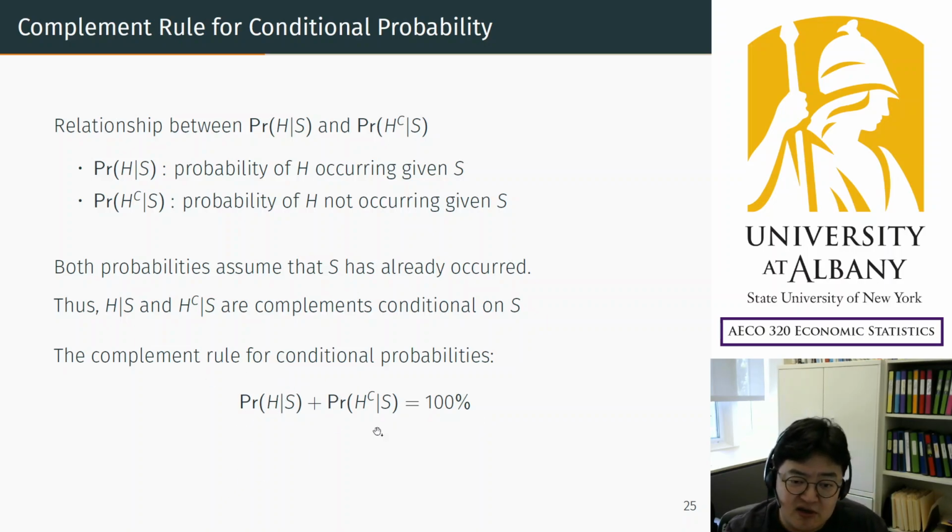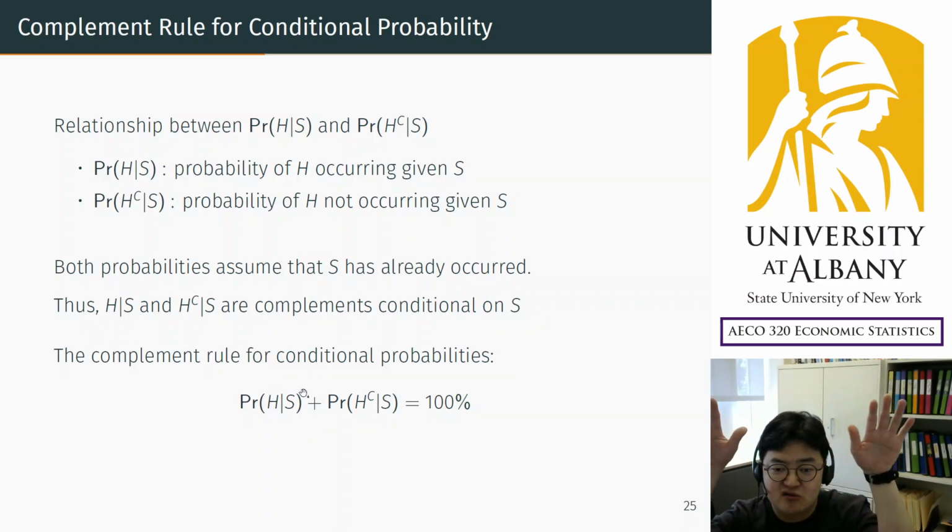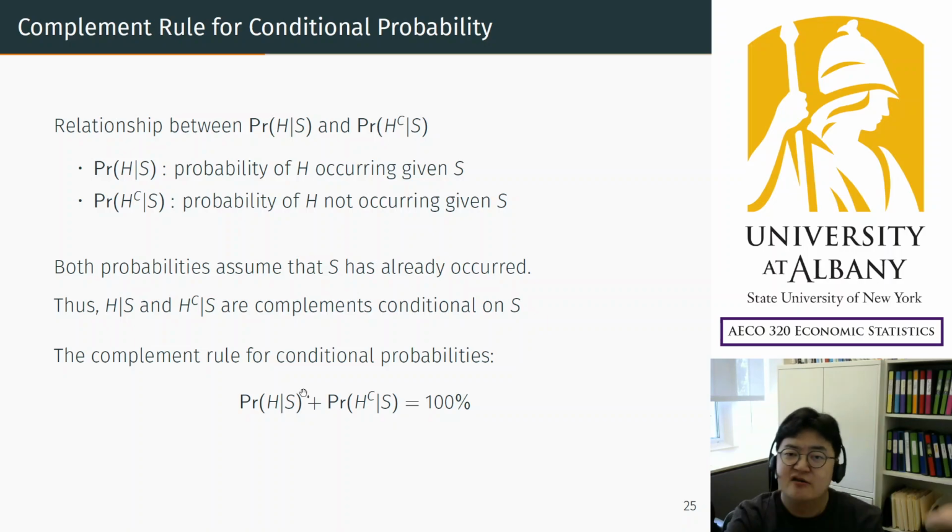What's confusing here is that the complement is placed on the main event, not on the conditioning event. You have to fix the condition, and whether it happens or not is attached to the main event. Then you can apply the complement rule.